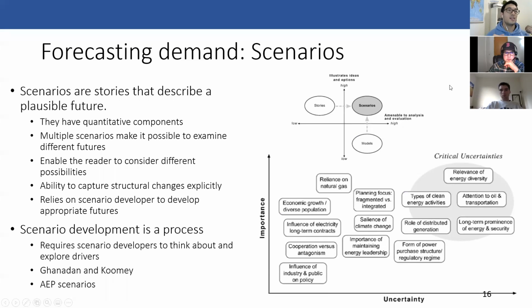You can have some story about what you think the future might look like, and if you inject into it some quantitative rigor, like models that describe how reality can be affected by specific assumptions, that is where you get into this territory of being able to both illustrate high-level ideas and options, but also include rigorous analysis and evaluation.